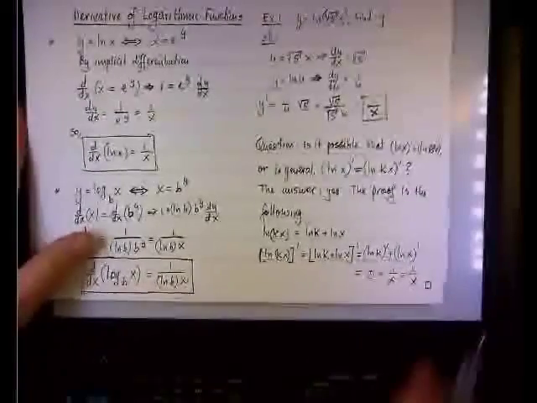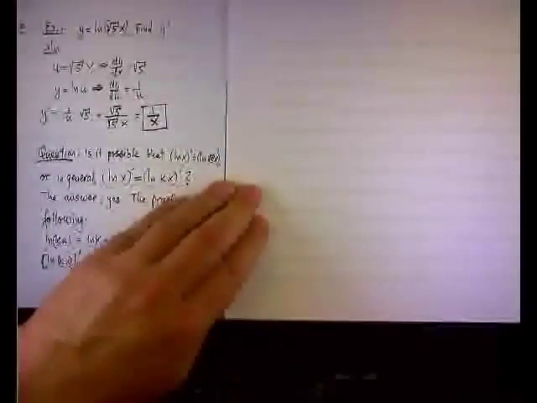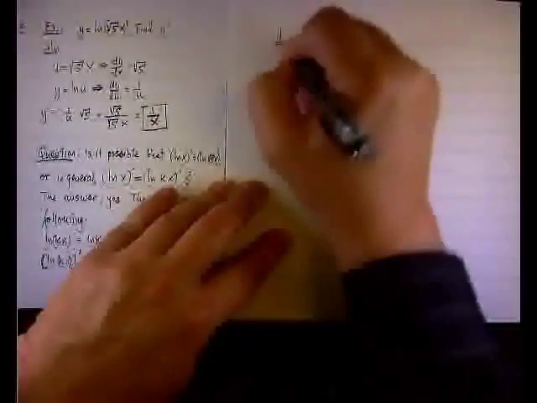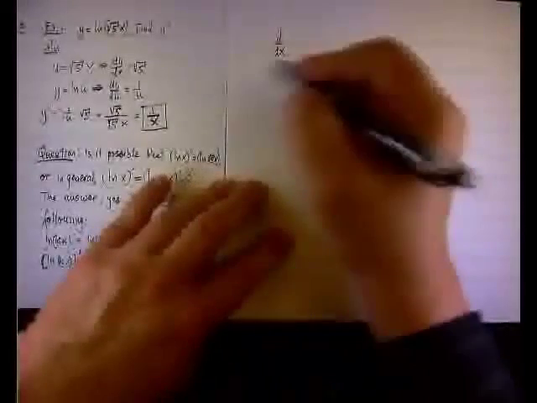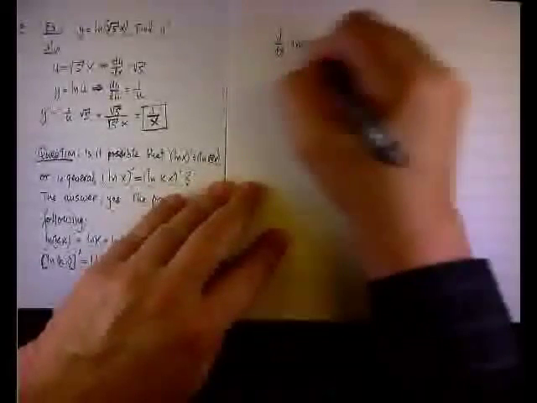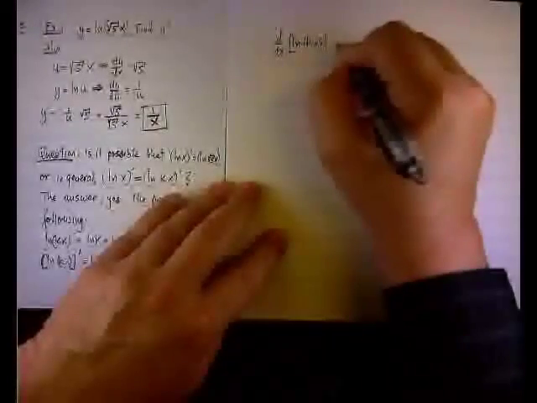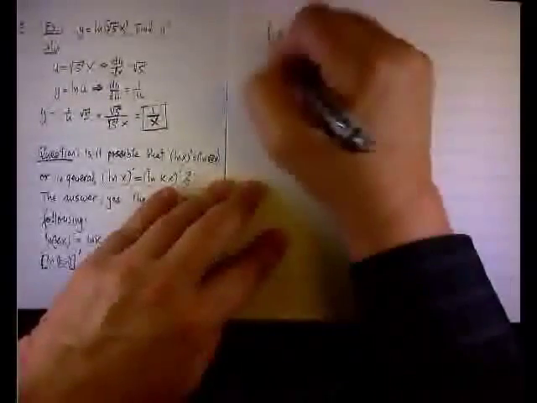So here's the proof that it is the same. So we have another rule to add to the previous two rules, and we'll do it on the next page. And the rule is the following: d/dx of the natural log of kx, where k is a constant, is also 1 over x.